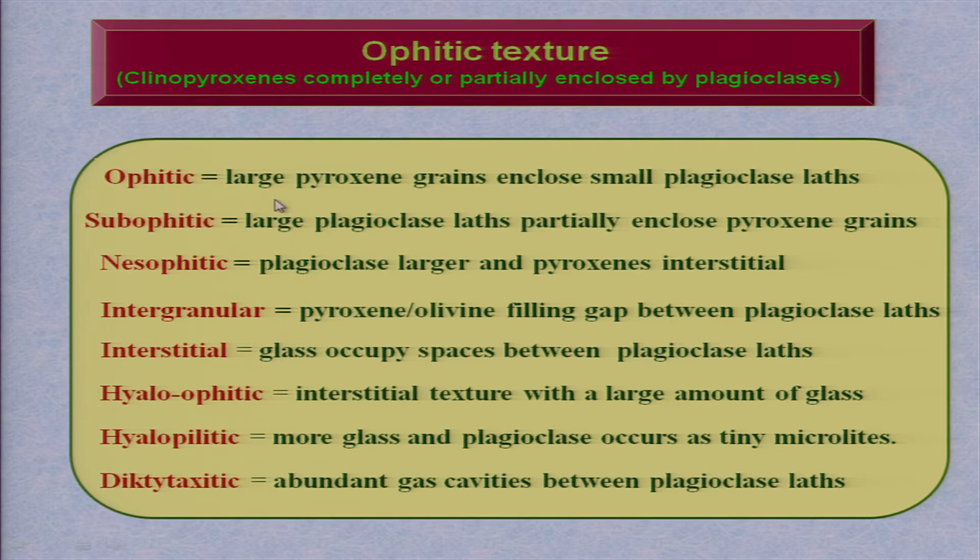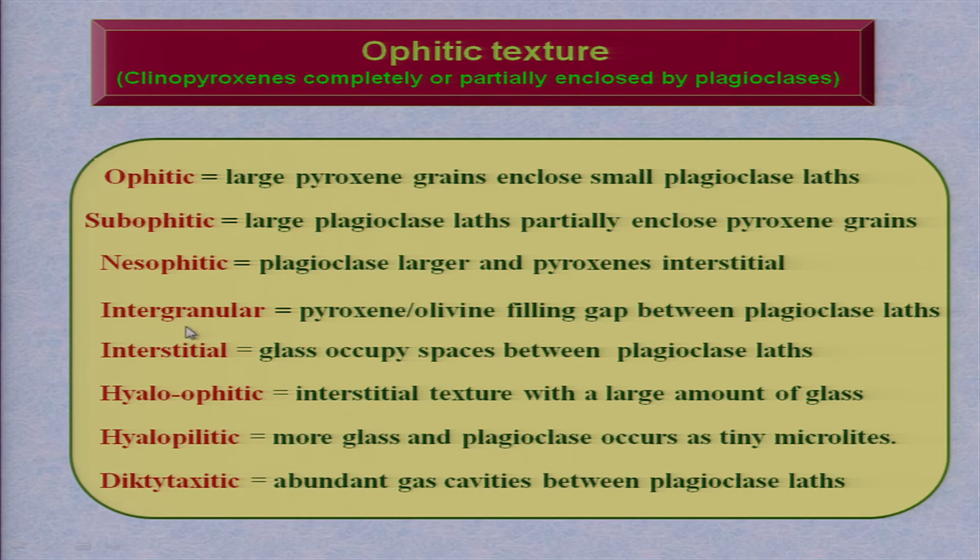In case of ophitic texture, large pyroxene grains enclose small plagioclase laths. Subophitic texture, large plagioclase laths partially enclose pyroxene grains. Nisophitic texture, plagioclase larger and pyroxene interstitial.